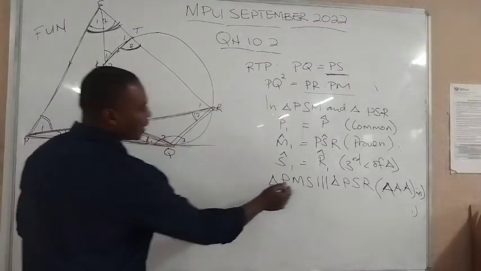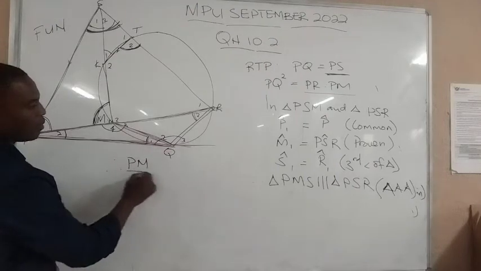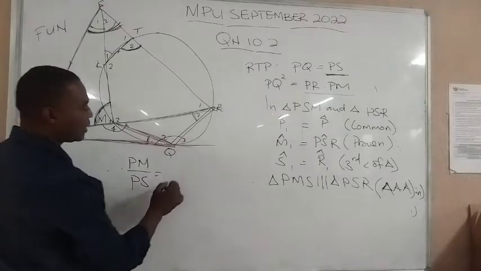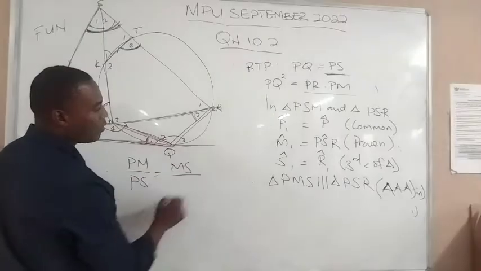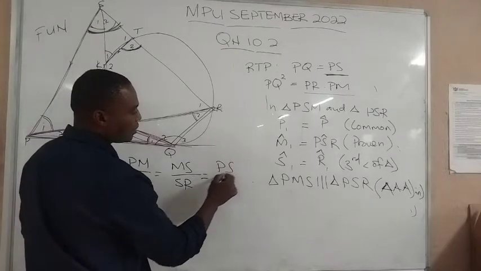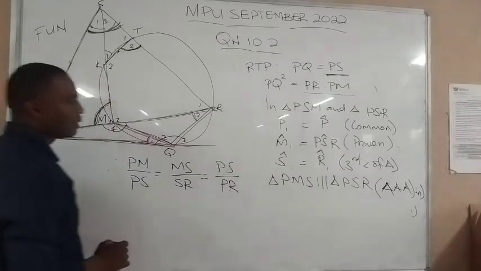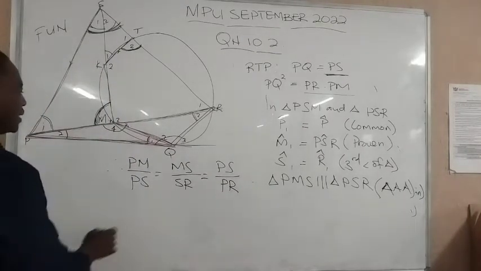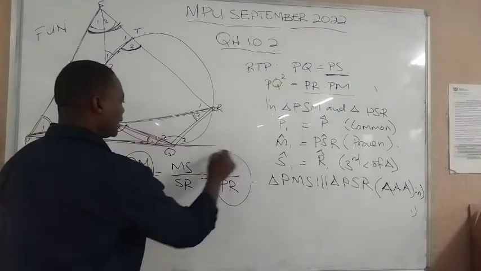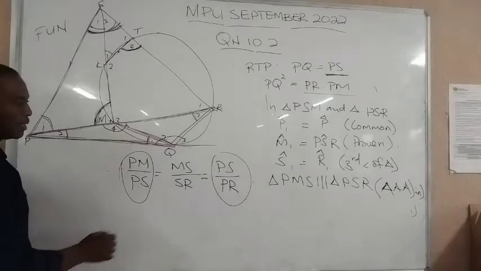Now, it is from this that we can now write the sides that are in proportion. So we notice that, therefore, PM over PS is equal to MS over SR is equal to PS over PR. And what we need is PS. So we are taking this, and that's where we have also PM and PR.